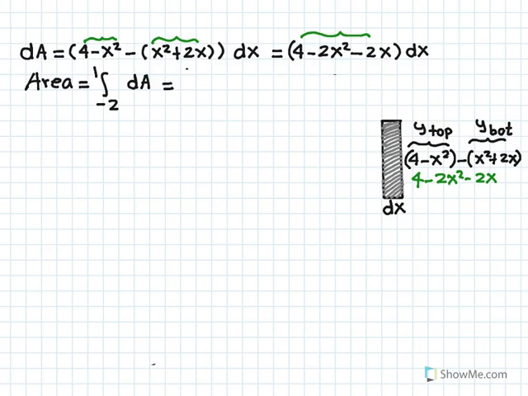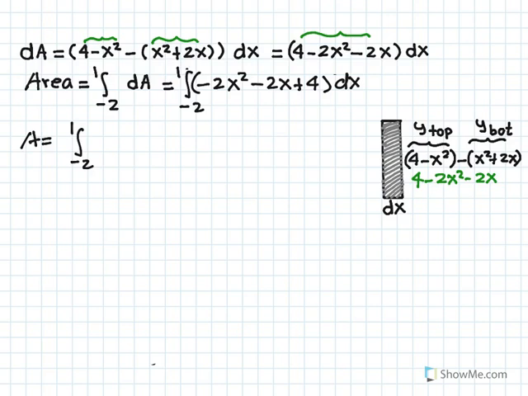The area will be the integral from minus 2 to 1 of minus 2x squared minus 2x plus 4, with respect to x. This is a very easy integral to do. We just reverse the power rule. We're adding up all these vertical slices in the x direction and finding the total area.